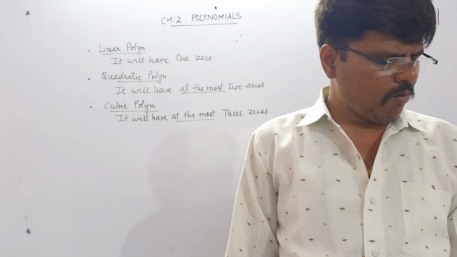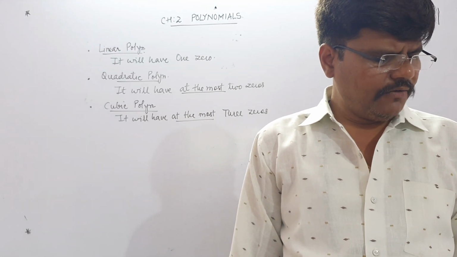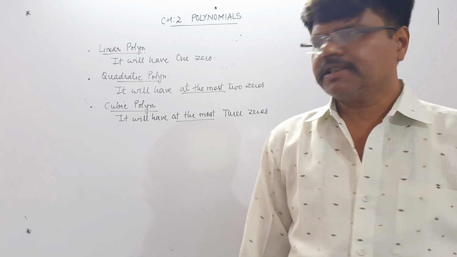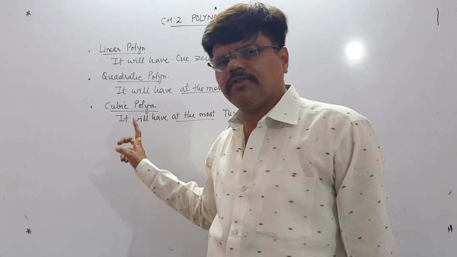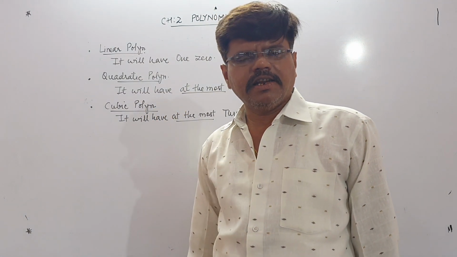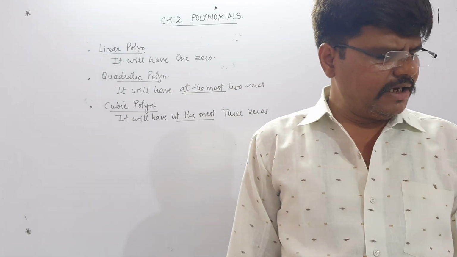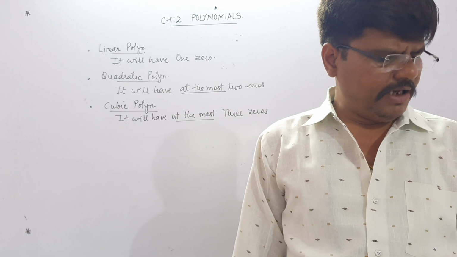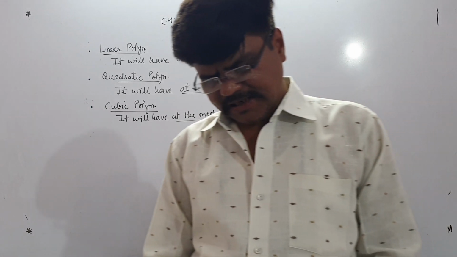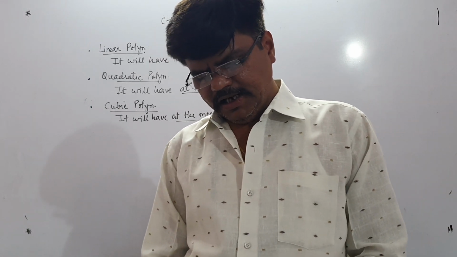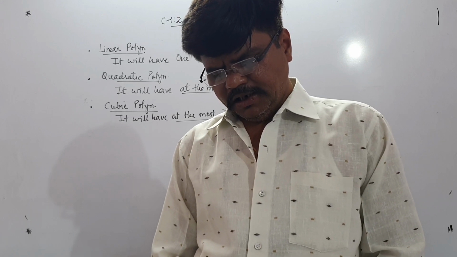Question number 4. Write the degree of each of the following polynomials. I did more than 3 to 4 sums to find out the degree of polynomials. And classify as linear, quadratic and cubic polynomial. The first one, x square plus x. Here the highest power is 2.